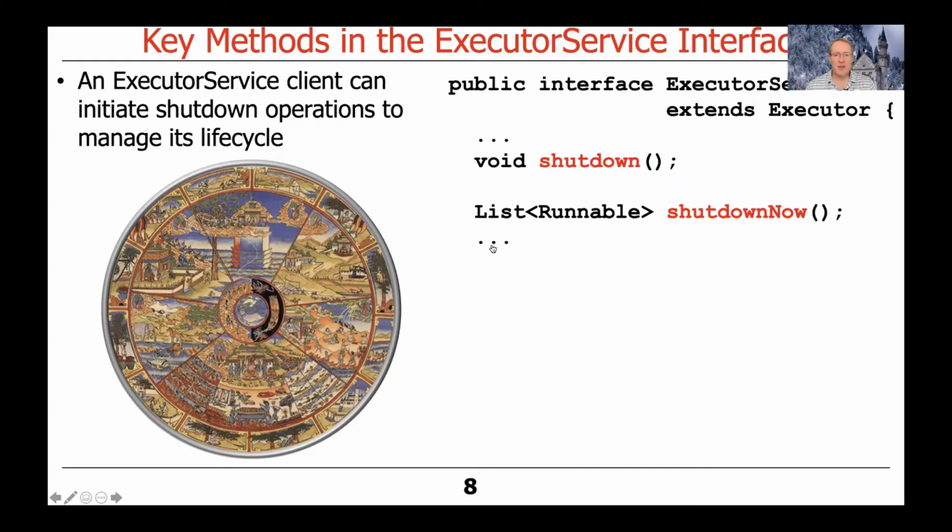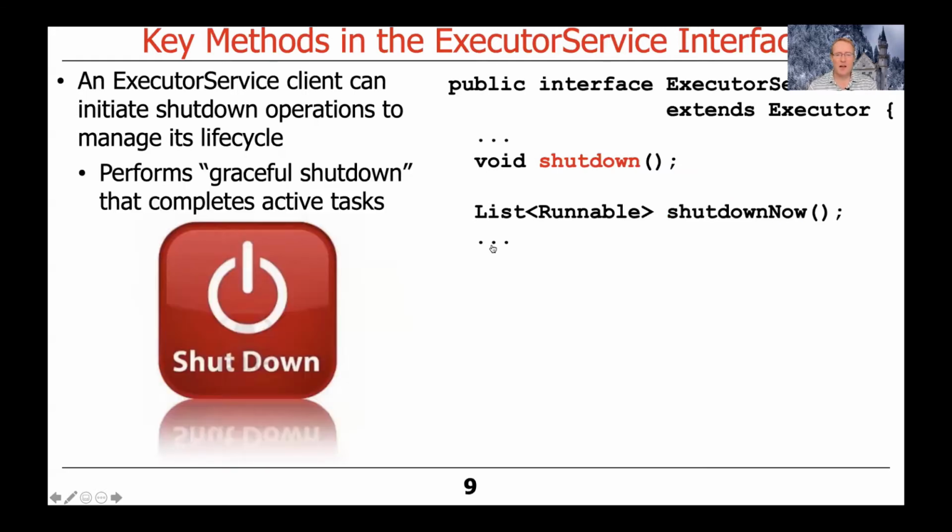So assuming that the Executor Service is actually running because you created a new thread pool of some type that is used to implement the Executor Service, then we have a pair of methods that can control how it gets shut down. The shutdown method performs what's called a graceful shutdown, and that's used to essentially allow actively running tasks to complete.